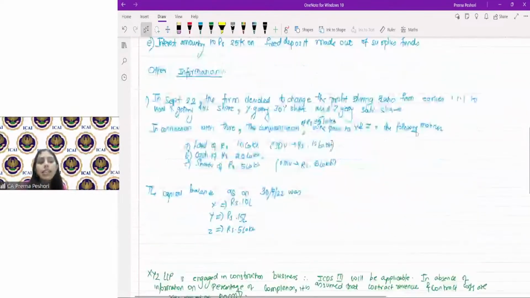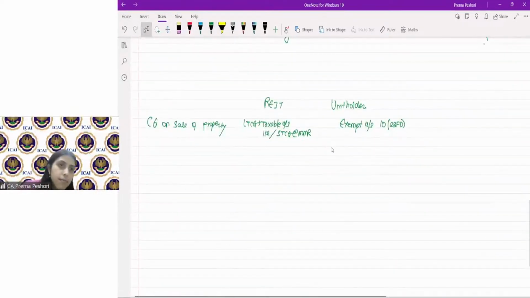Then comes the rental income. Now, what about the rental income? As I said, the rental income which is there is exempt in the hands of the REIT.